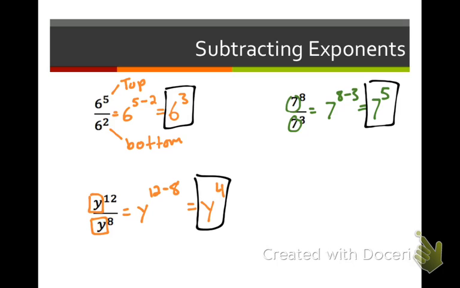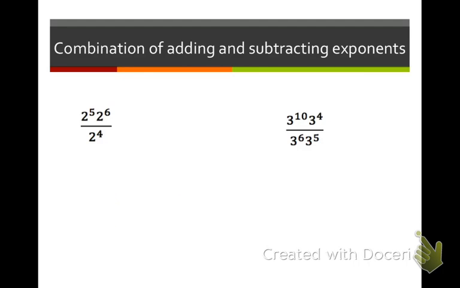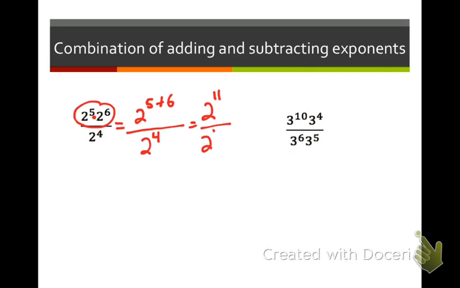The next slide is a combination of adding and subtracting exponents. In this case, first I'm going to focus on the numerator, on the numbers on top. They have the same base, so I keep the base and I add the exponents because here I'm multiplying. And I still have the 2 to the 4th power down here. This becomes 2 to the 11th over 2 to the 4.